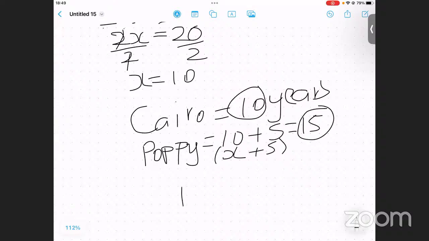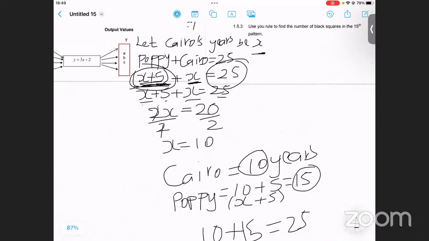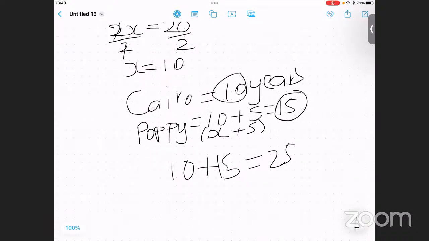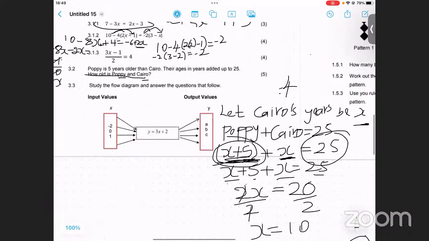When you add 10 and 15, it is 25, so their ages add up to 25 years as they said. And the difference between 10 and 15 is 5, so the age gap between them is 5 years. When you add them together, it's 25.